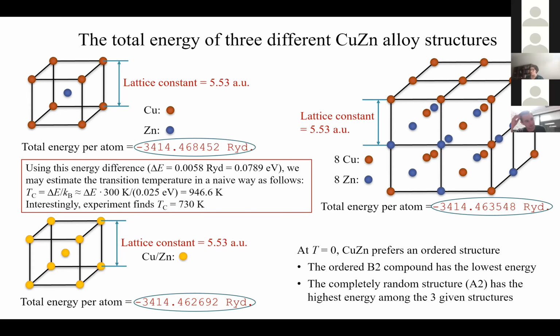We've done that some years ago for copper-zinc, and we got very good agreement with the experimental value. But that requires a big supercomputer and lots of computer time.